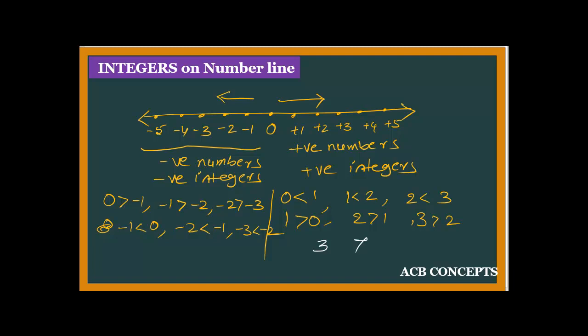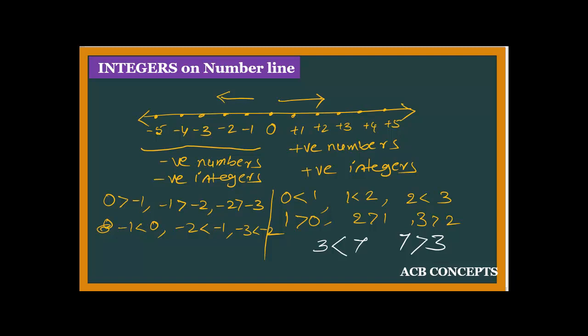So for the left side, 3 is less than 7. Similarly, 7 and 3: the 7 lies on the right side of the 3 on your number line. So put here greater than.